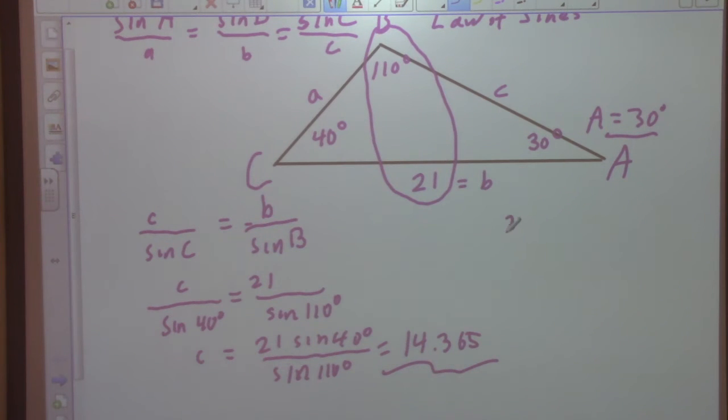So we take 21 over sine 110 degrees equals A over sine 30 degrees. We were solving for A, so I'm cross multiplying sine 30 degrees, so I'm going to get 10.5 over sine 110 degrees.